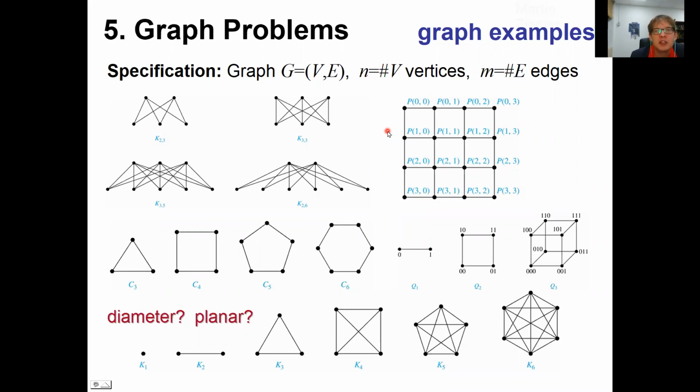Short diameter is good, low degree is good, but we cannot usually have both. So there's a trade-off between graphs that have small diameter and large degree, and graphs that have a large diameter and small degree, and some intermediate graph families. And the final property we've discussed here is whether a graph is planar, meaning whether it can be drawn in the plane without edges crossing. Not whether it is drawn, but whether it can be drawn.